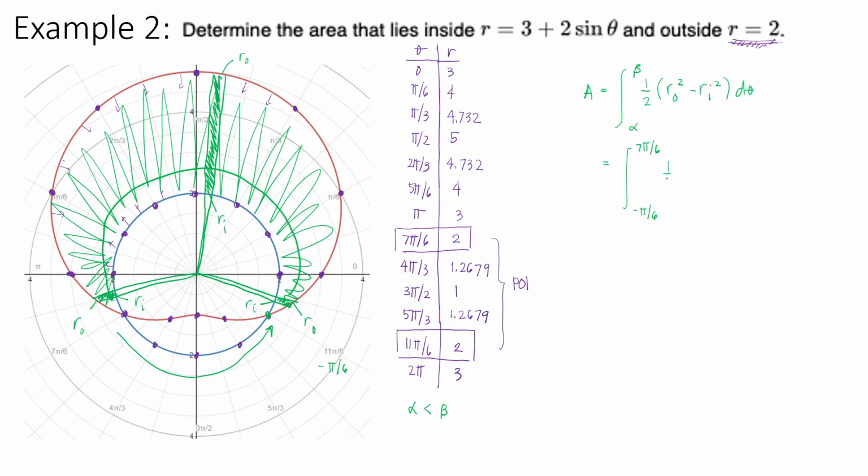Okay, and then 1/2, and then we're going to have outer is the red one, 3 plus 2 sine theta squared minus 2 squared and then d theta. Then after this one you just have the answer right away.